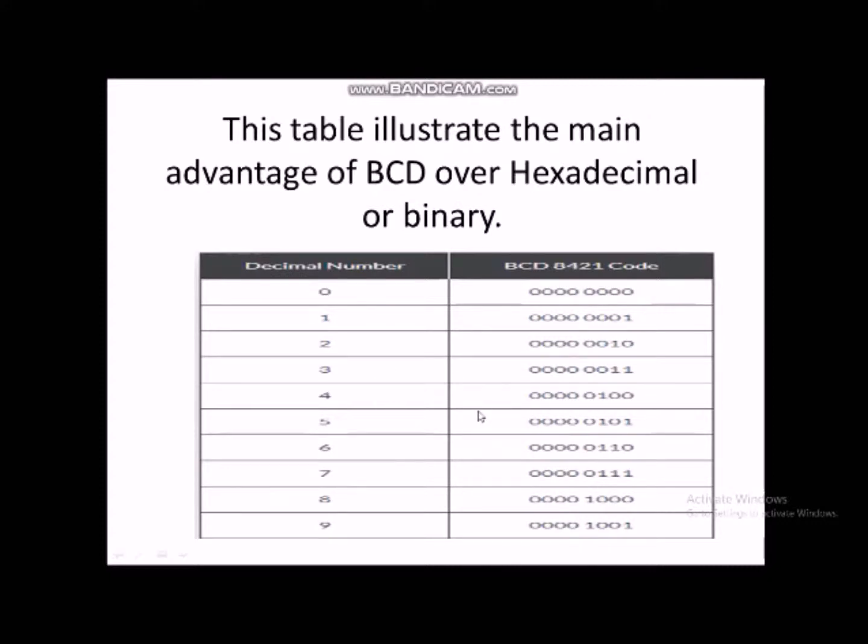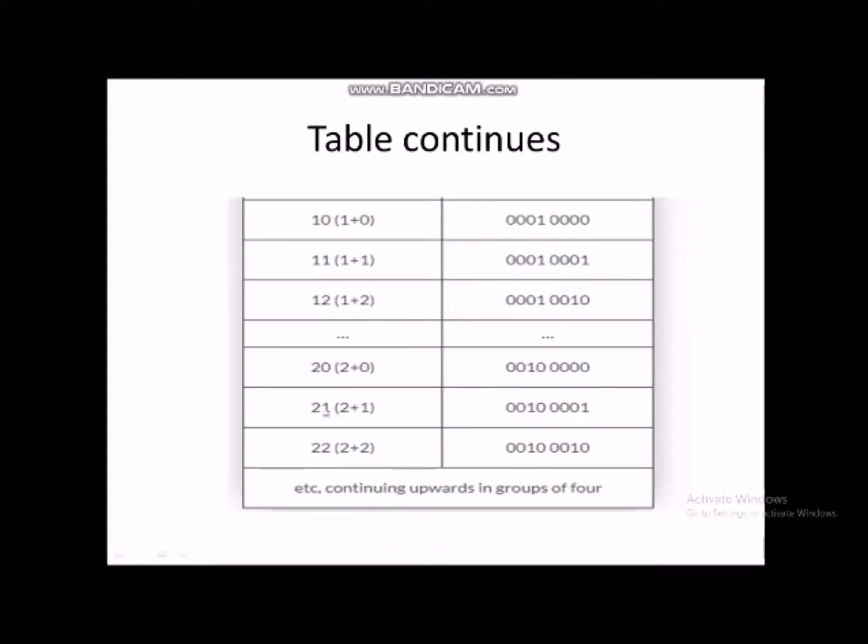Now, the difference comes in when these decimal numbers go beyond 9. When the decimal numbers go beyond 9, we have to do a shift. So after 9, obviously we should have 10, but 10 in BCD is written as 1 and a 0 next to it. 11 is written as 1 and 1 next to it. 12 is written as 1 and 2 next to it, and so on.